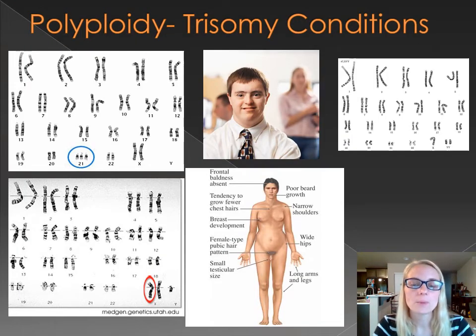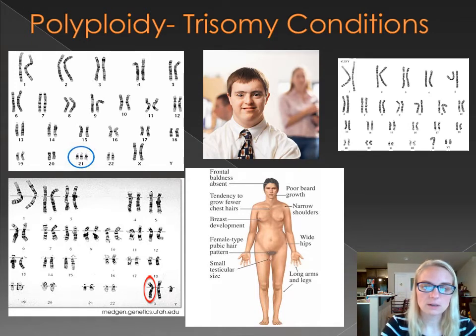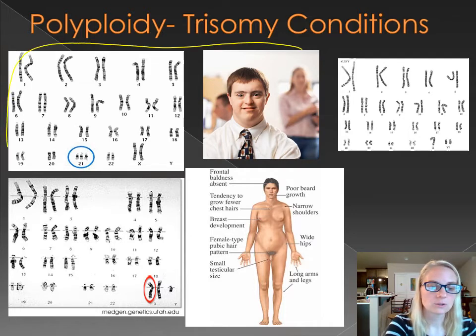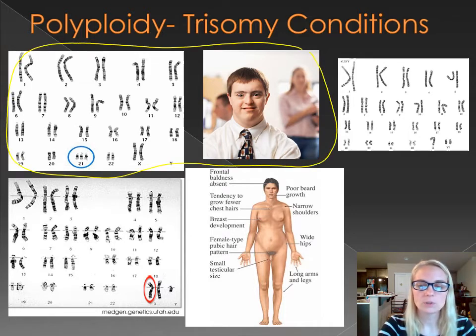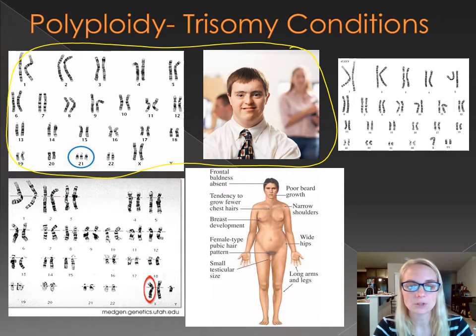So probably the most common viable polyploidy is a trisomy, where you have 3 sets of chromosomes of a particular chromosome. And this first box here, this is trisomy 21, which is usually what we recognize as Down syndrome. So here you can see circled by that blue circle, for whatever reason, there was non-disjunction in either the egg or the sperm.